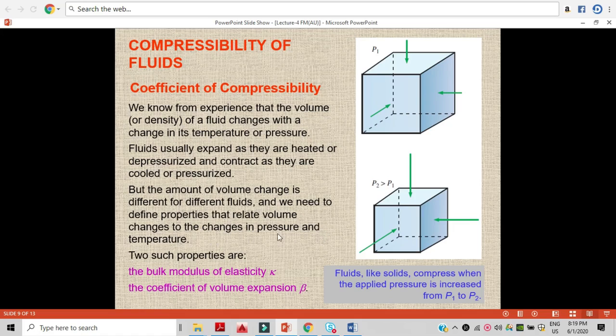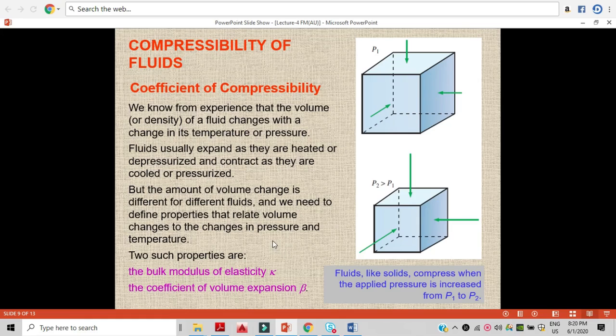Both temperature and pressure we cannot vary at the same time. So here we have two different terms: the bulk modulus of elasticity, K, and the coefficient of volume expansion, beta. The bulk modulus of elasticity is the change in volume due to change in pressure at constant temperature, and the volume expansion is the change in volume due to change in temperature at constant pressure.